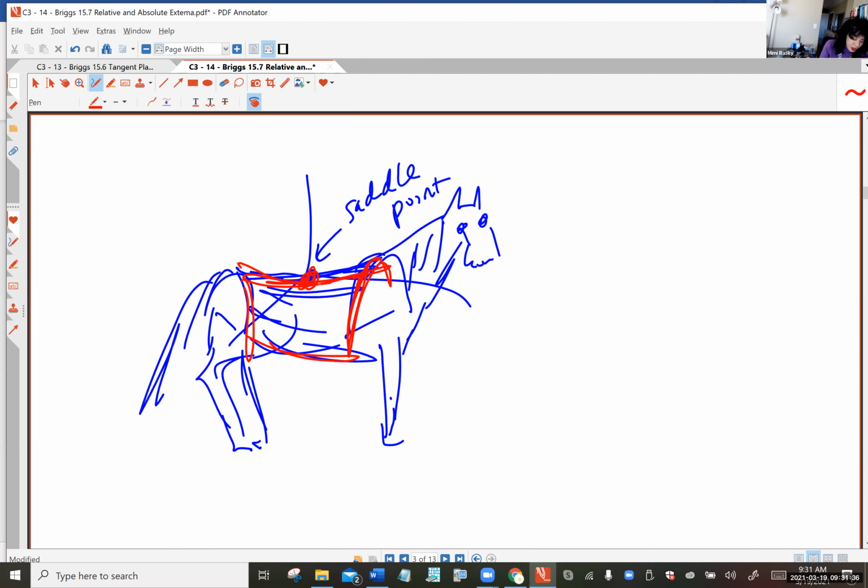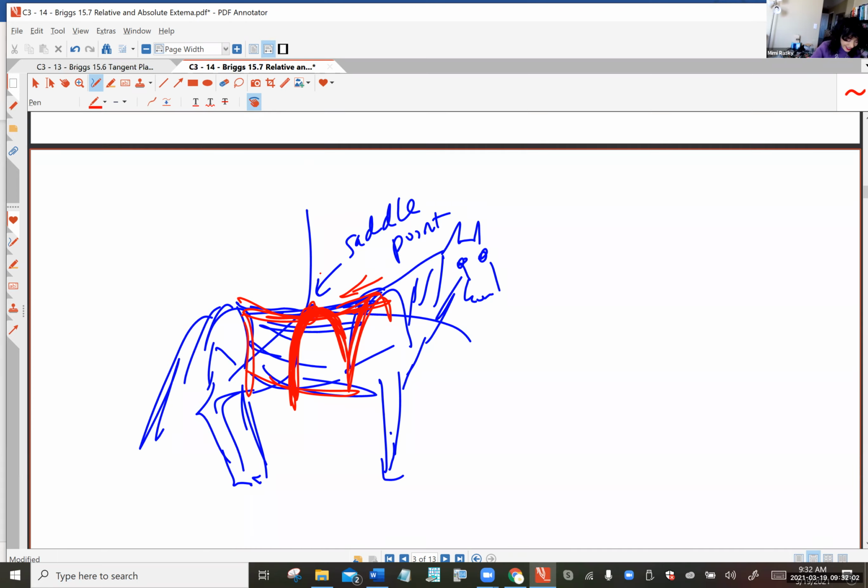So here's what I want you to imagine. If I pet my horse going in this direction, that saddle point kind of looks like a minimum of the saddle. But if I pet my horse around his girth like this, along this direction, that saddle point kind of looks like a max, but it's neither. It's neither a max or a min. It's called a saddle point.